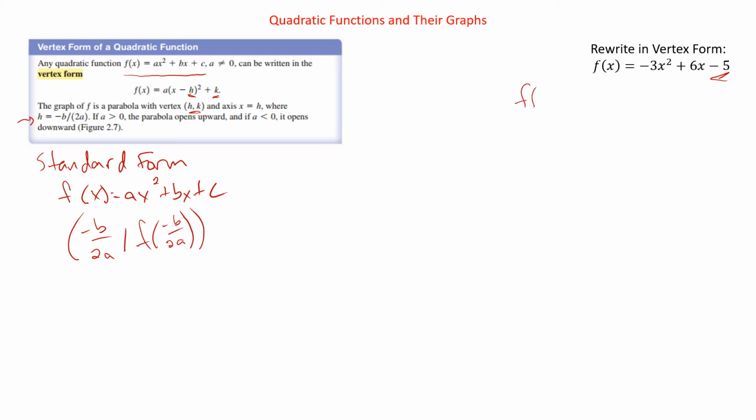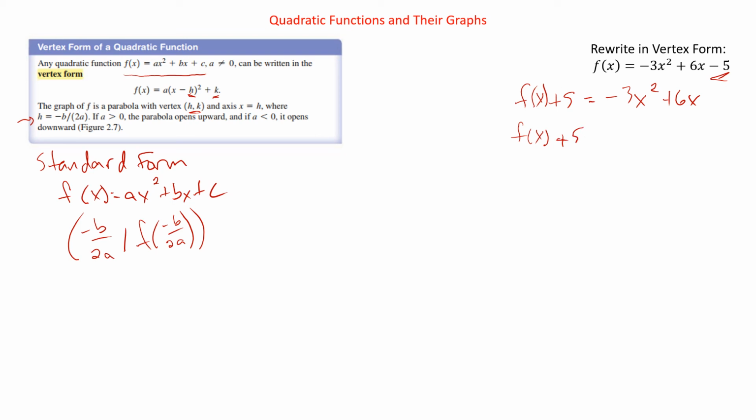So we'll have f of x plus 5 equals negative 3x squared plus 6x. And now we need the x squared to be by itself, so we're going to factor out a negative 3 from both of those two terms. Even if the x term doesn't have that factor, we'd still need to factor it out. It's part of the process.